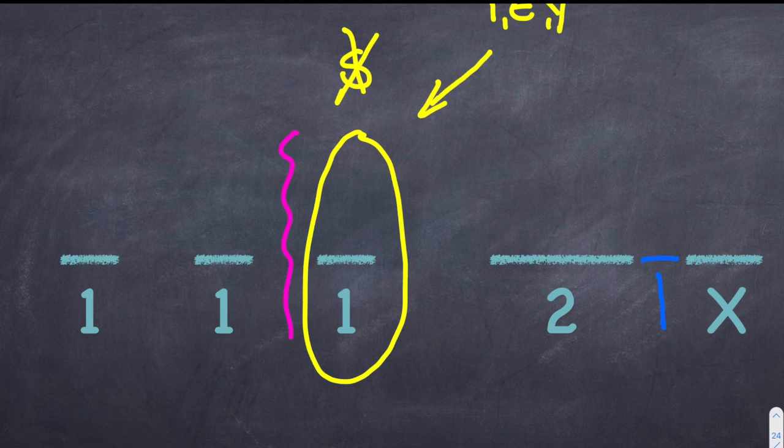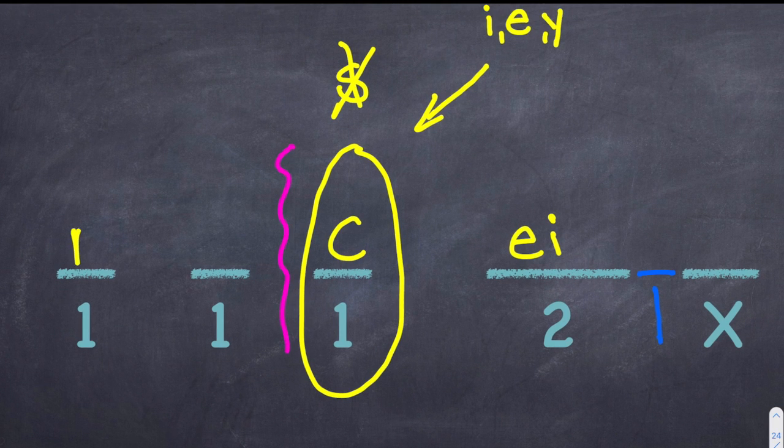S. Okay. So if you put a C right there, and then you put E-I for that one, great. E, S, E, V, silent.